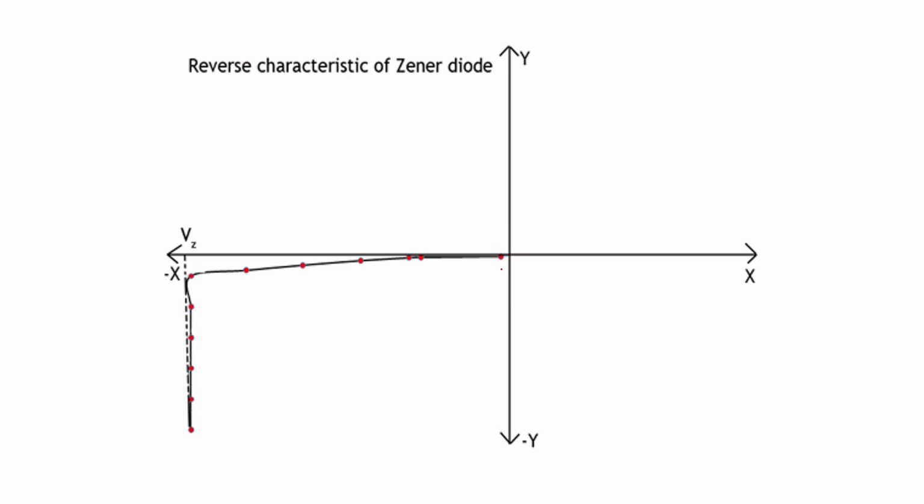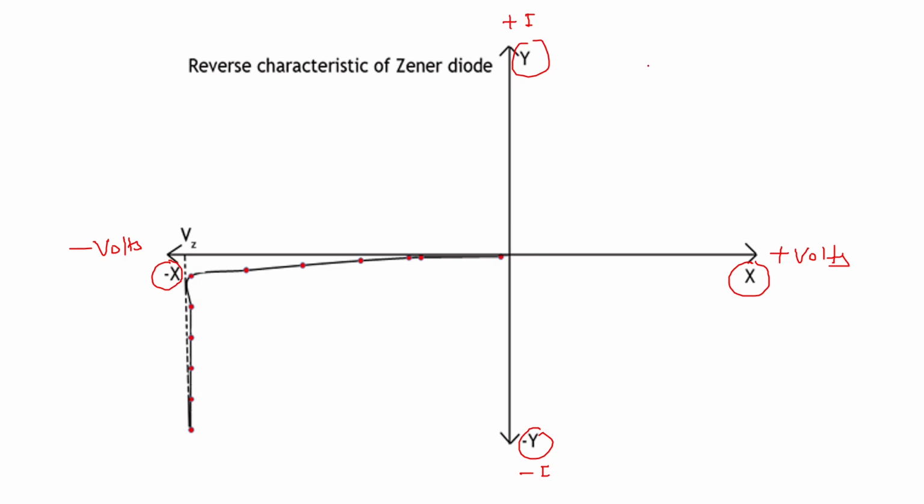In this graph we will take this x as plus volts, and here minus x as minus volts, and then we'll take this y as plus current and this y as minus current.